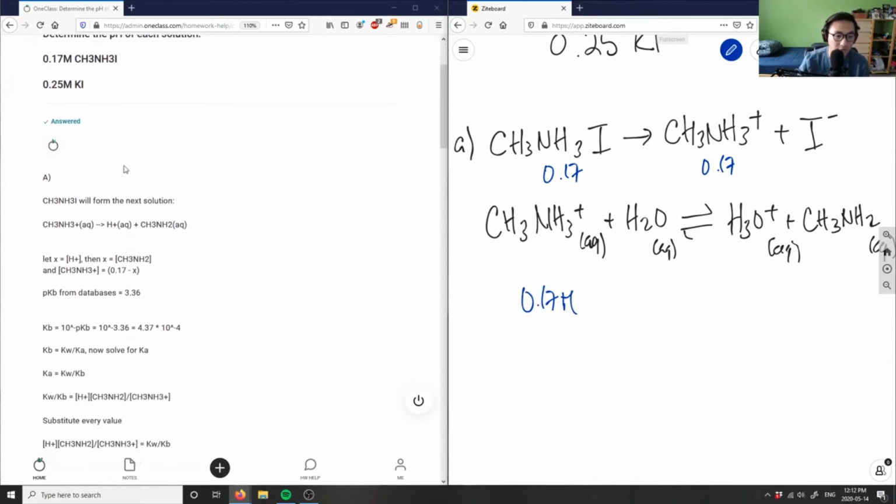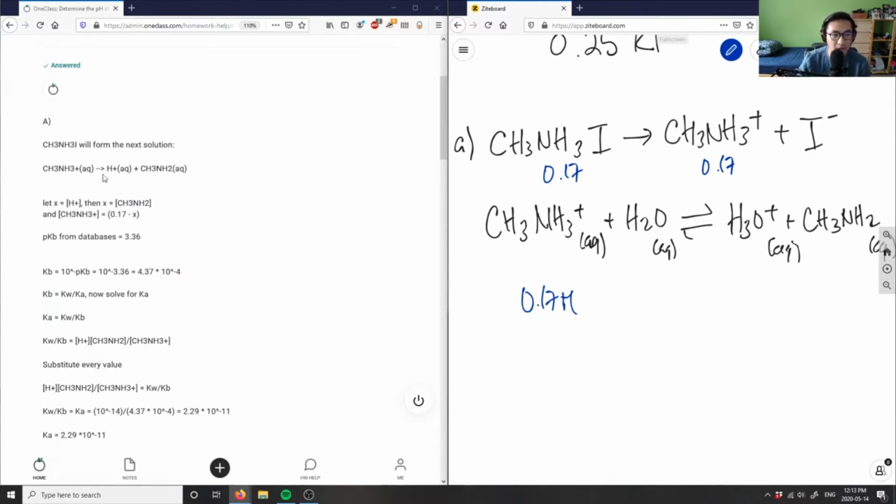As you can see from the solution here, they're doing an ICE table, and they found a Kb from databases. Let me search it up and see if this Kb is correct. Give me a second here. I'm typing in pKb of CH3NH2, and I'm getting 3.36 or 3.32.